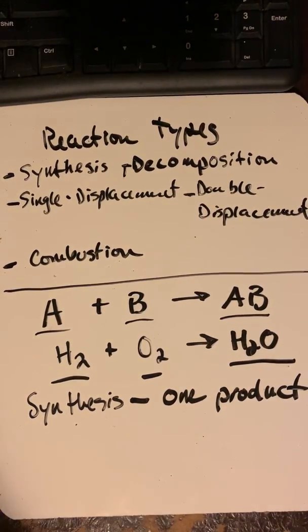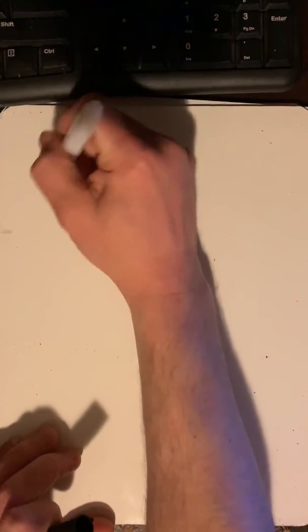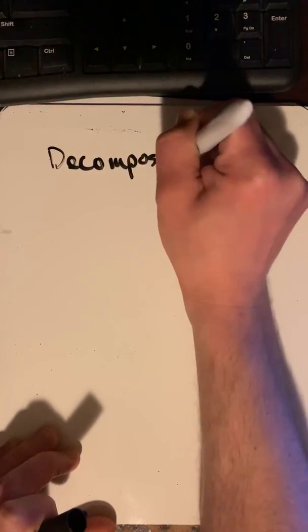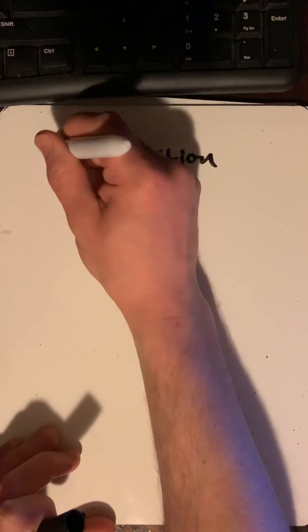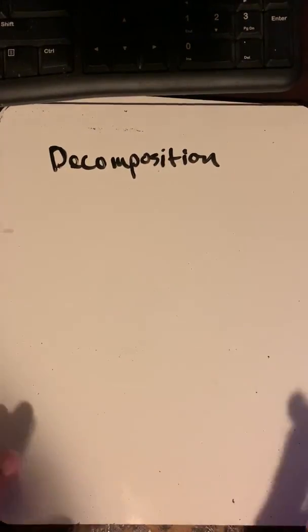Okay, the second type of reaction is called decomposition. And in a decomposition reaction, it's basically the opposite of synthesis. When something decomposes, it means it breaks down.